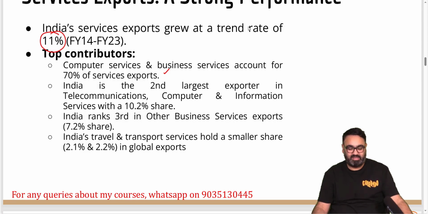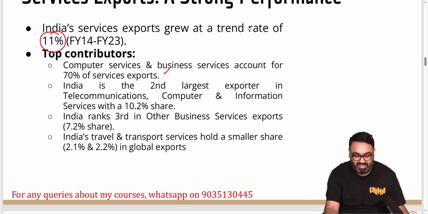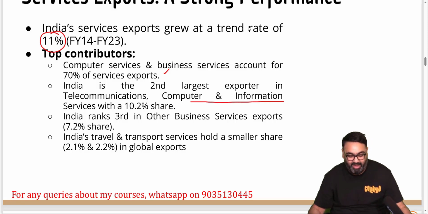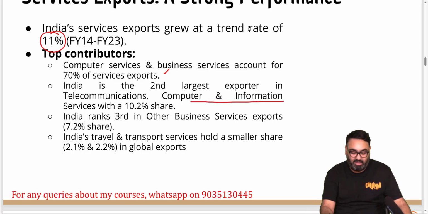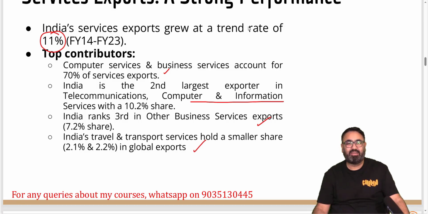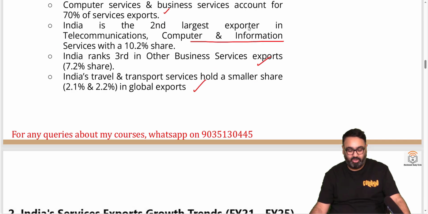This is where IT and consultancy come in. India is the second largest exporter in telecommunication, computer and IT services. We are third in other business services export, and travel and transport has also seen a significant contribution from India in terms of export value.